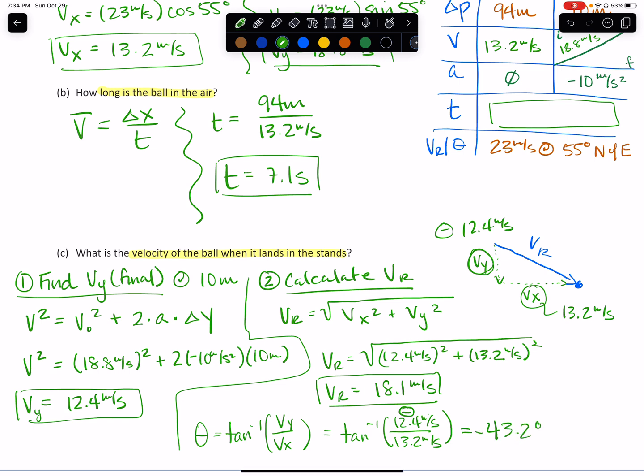This is the same thing as saying that we have a velocity of 18.1 meters per second at 43.2 degrees south of east. We're just going to stay over the east quadrant unless it tells us otherwise. So this is the actual velocity at which the ball lands in the stands.